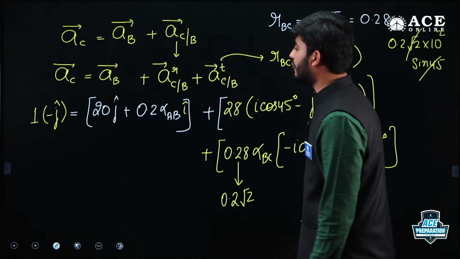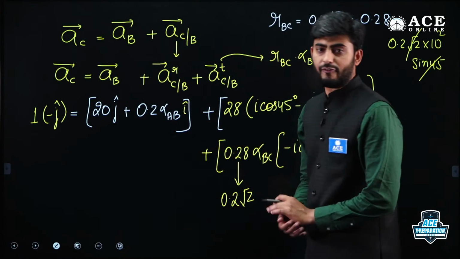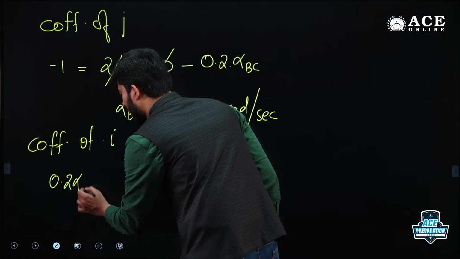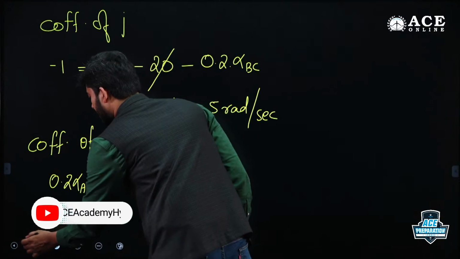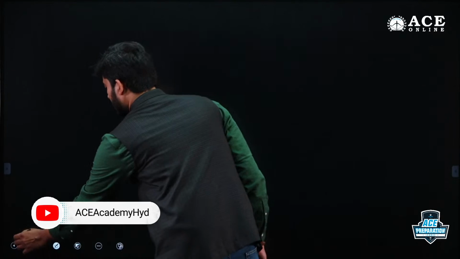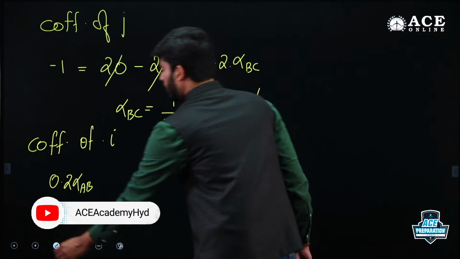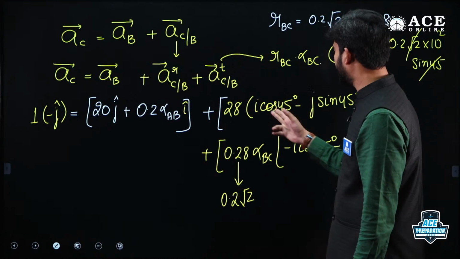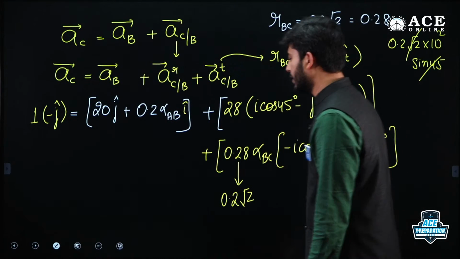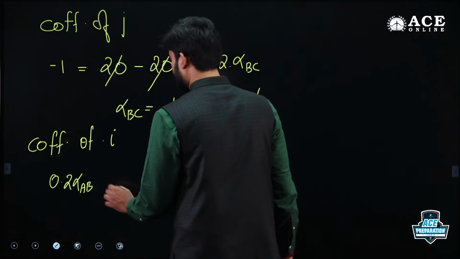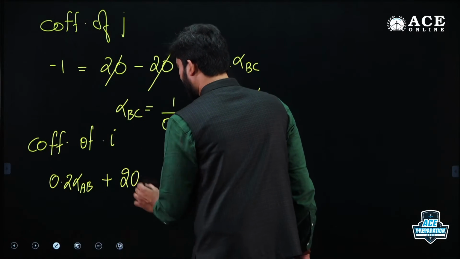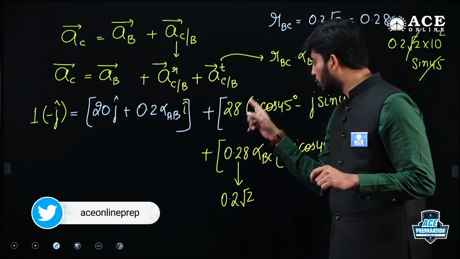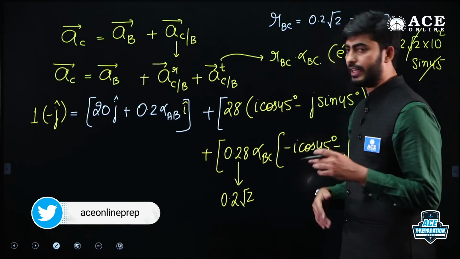Here the coefficients of i are 0.2 alpha_AB, guys. Next is 28 into cos 45, that is again 20 only, because this is actually the product of 0.2 into root 2 into 10 square, which we are getting as 28.